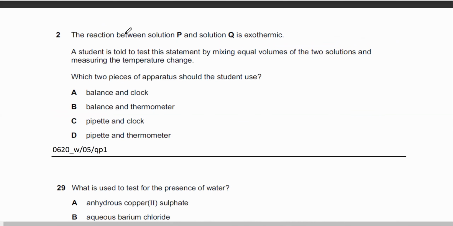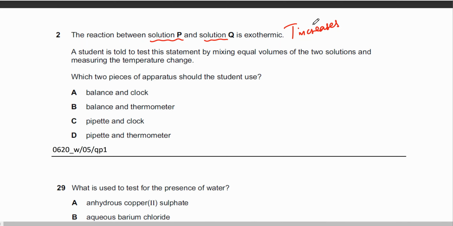Now this one: the reaction between solution P and solution Q is exothermic. That simply means the temperature increases when solution P and solution Q are mixed together. A student is told to test this statement by mixing equal volumes of the two solutions and measuring the temperature change. Which two pieces of apparatus would the student use?